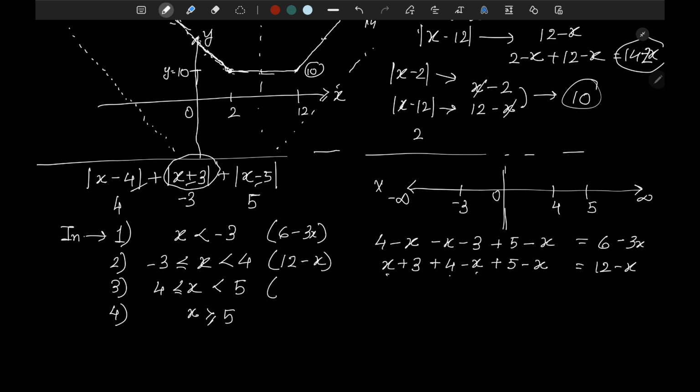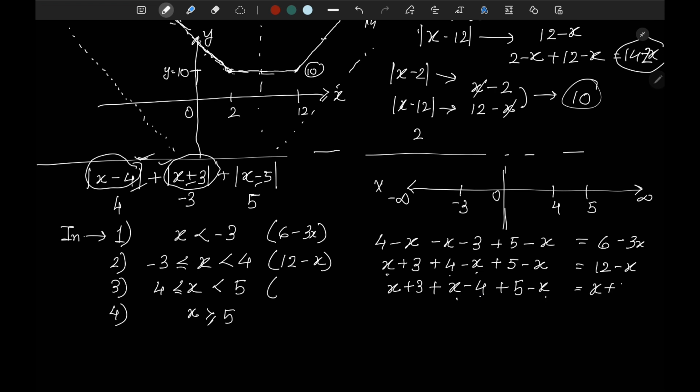For the next case, we will have x within the interval 4 to 5. So this and this will open as positives. So this will become x plus 3, the other one will be x minus 4, and the last one will be 5 minus x. This will open as negative. So these two get cancelled out. 5 minus 4 is 1. This is 4.